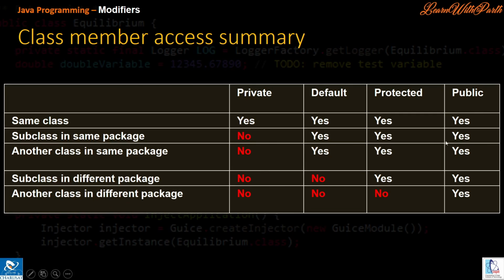Whereas public has all the possible access. The default is accessible in the same class, the same package, a subclass, and another class in the same package. And protected is accessible in a subclass in a different package, but not in another class in a different package. So this is a summary of the access modifiers of Java.